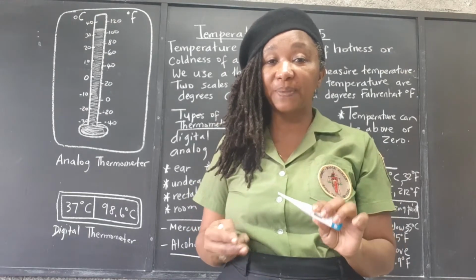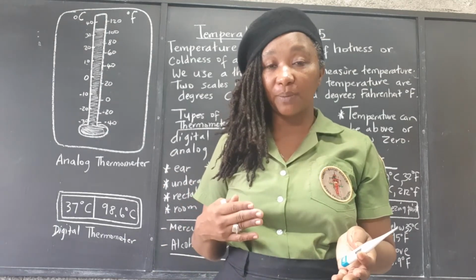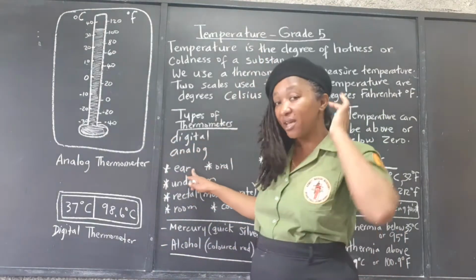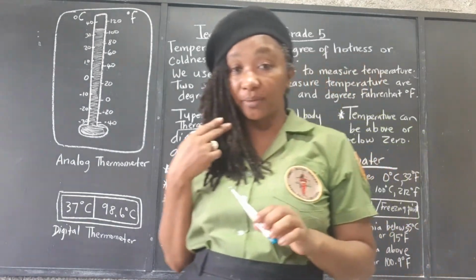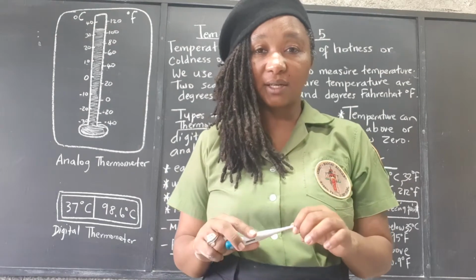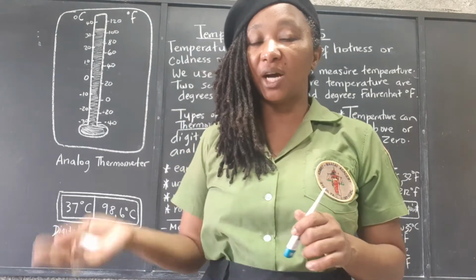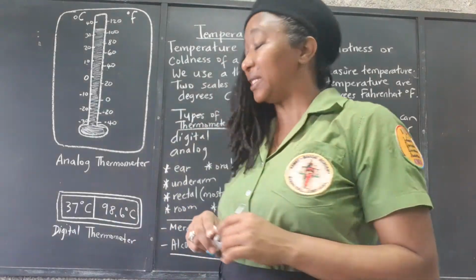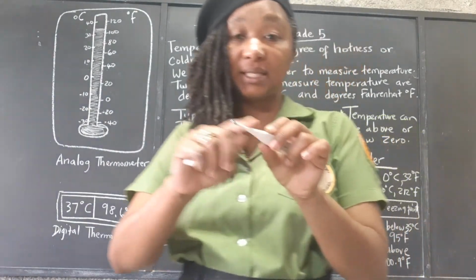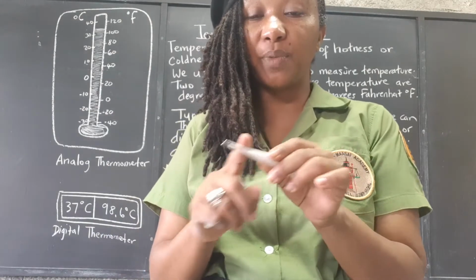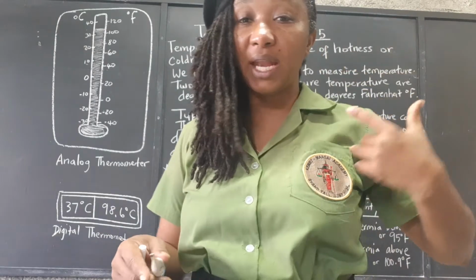When it beeps, that's the maximum temperature of wherever you're taking your temperature, whether it's your arm, just inside the ear, or orally inside the mouth. The thermometer usually is used for a specific area of the body, not interchangeably. And even if you're using it for your ear, underarm, or orally, you would have to sterilize the tip with alcohol to make sure you don't transfer germs from the ear, the mouth, or any parts of your body.